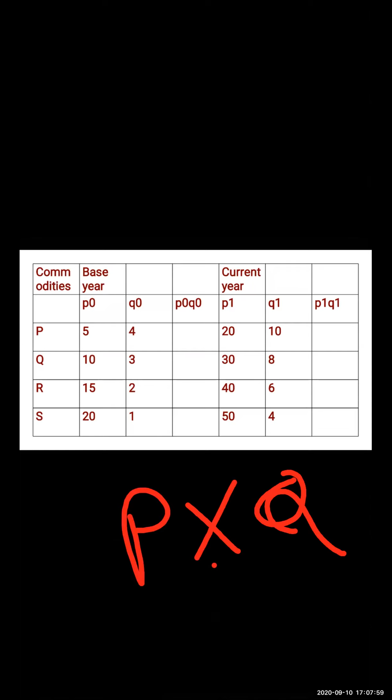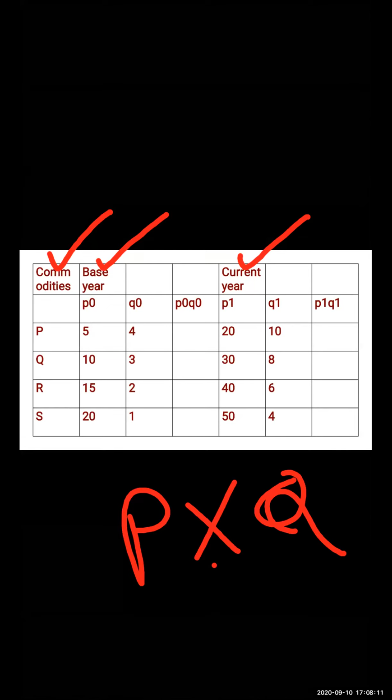Okay. In your question, they are only going to give you these variables: commodities, base year price, base year quantity, current year price, and current year quantity. We need to first multiply price and quantity of the base year, then price and quantity of the current year.